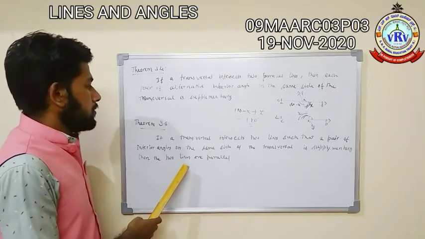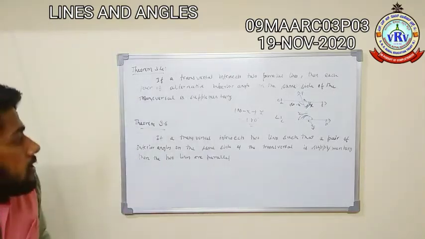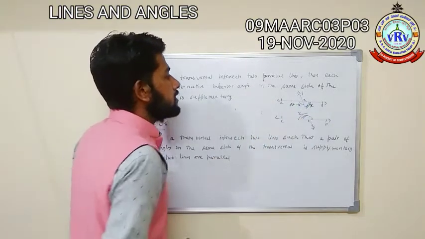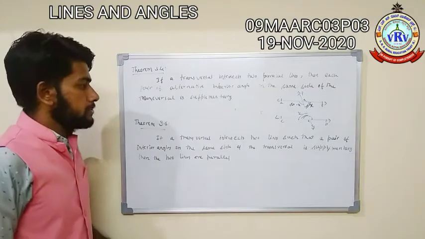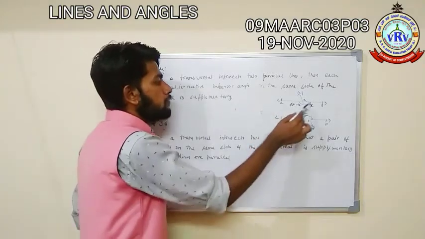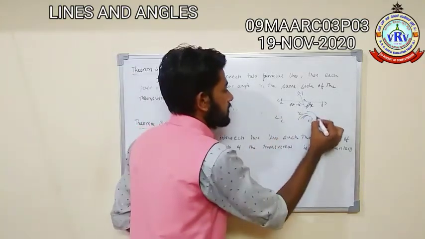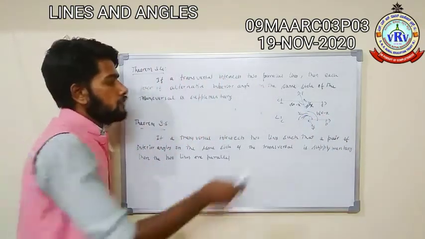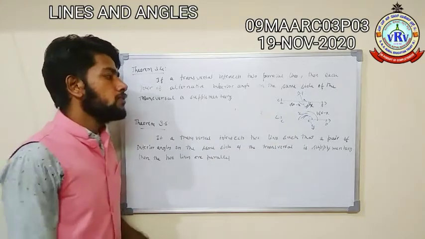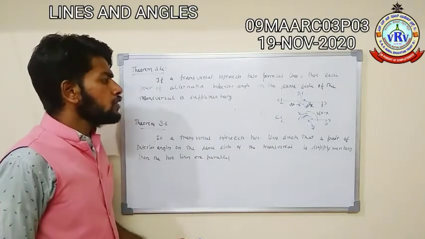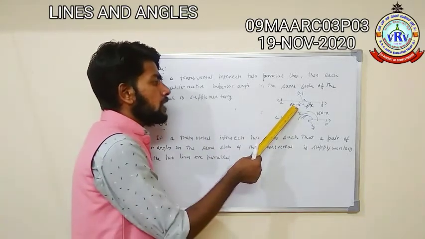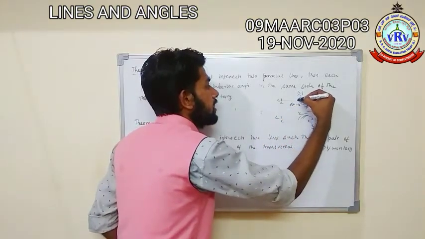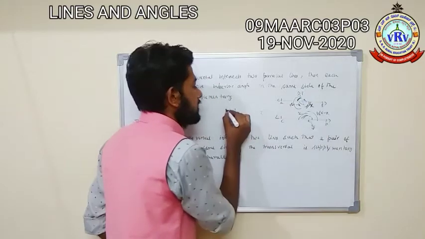For this theorem, you should take two lines and think if these are the supplementary angles. That means the sum of these two is equal to 180. Right? If it is x, then it is 180 minus x. If it is 180 minus x, then it is x. Then think of this. If this is 180 minus x, then the total angle is 180.